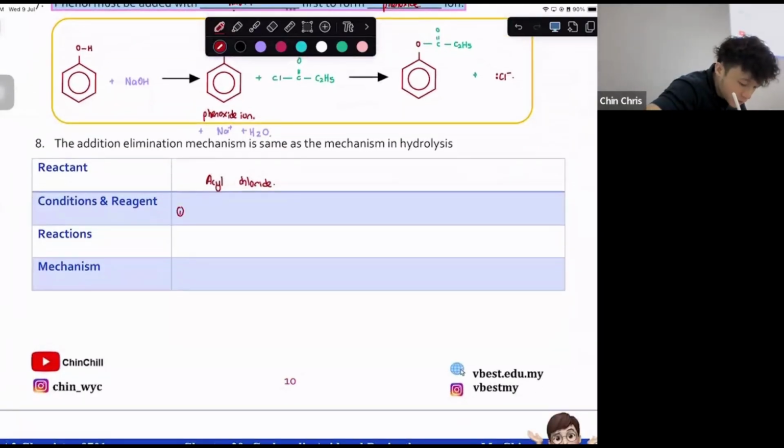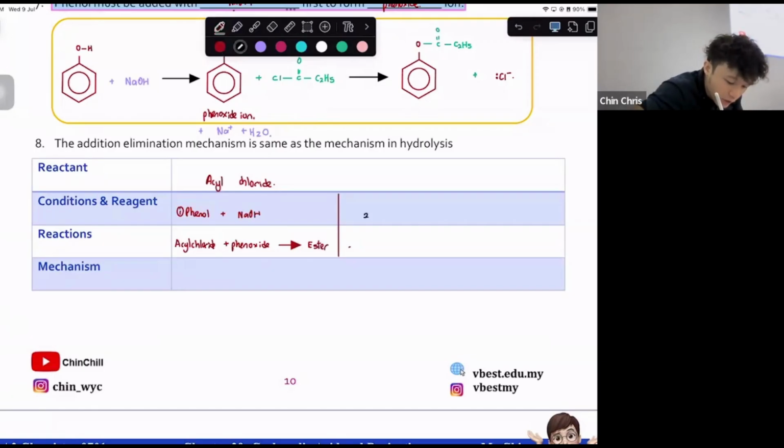First, I need phenol plus acyl chloride plus NaOH. So an acyl chloride will turn into an ester.